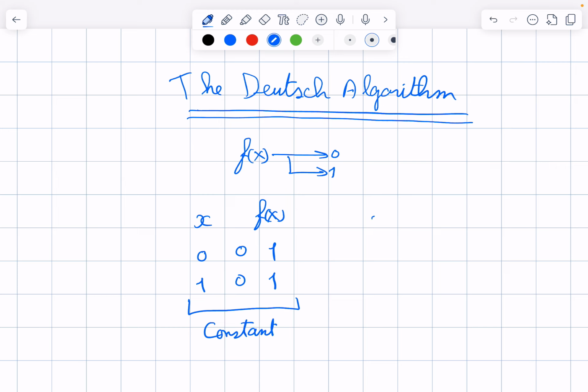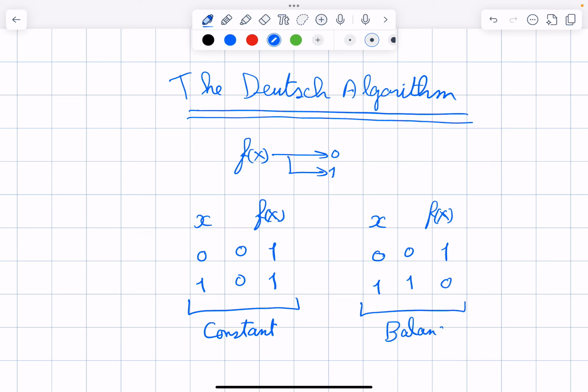If on the other hand, for x equal to 0 or 1, which occurs with a probability of 50%, f of x will change, it can be 0, 1 or 1, 0, we call it in this case a balanced function.